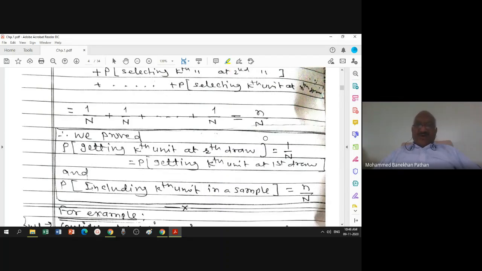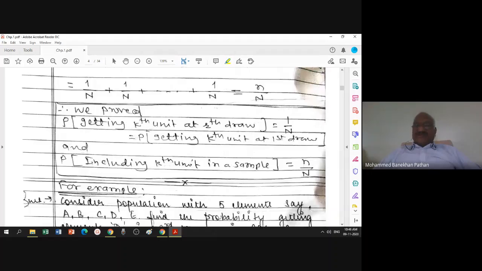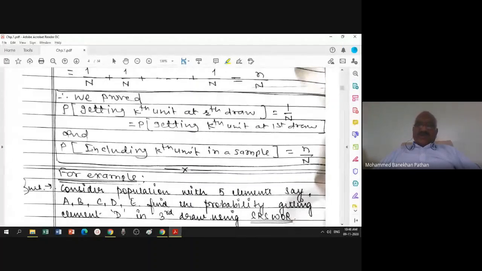Therefore, we proved two things. Number one, the probability of getting the kth unit at the rth draw is 1 by N, which is the probability of getting the kth unit at the first draw. Second thing we proved, the probability of including the kth unit in a sample of size n, the answer is n upon N.